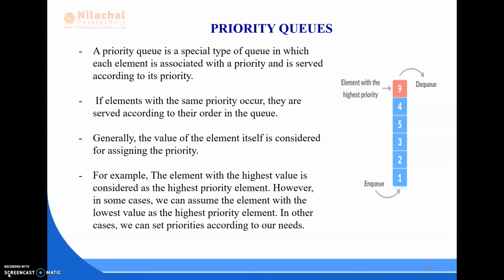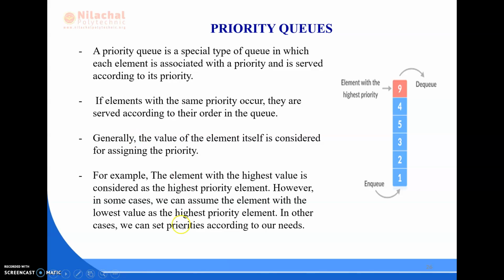Generally, the value of the element itself is considered for assigning the priority. For example, the element with the highest value is considered the highest priority element. However, in some cases, we can assume the element with the lowest value as the highest priority element also. In other cases, we can set priorities according to our needs.